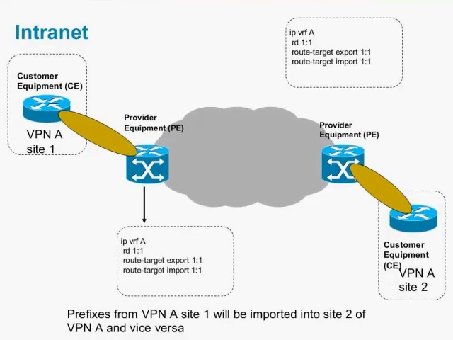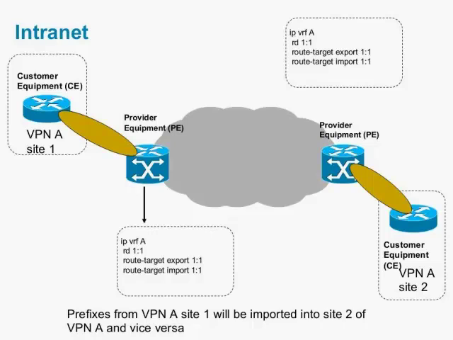This is an example of intranet VPN service with VRF, RD and RT configuration. As you can see here, Site 1 and Site 2 of VPN A customer are connected to different PE devices, and the PE devices are configured with VRF A with RD value, route distinguisher value, as 1:1 and route target both import and export as 1:1. Now, when any VPN prefix is learned from Site 1, the PE device will generate a BGP update and attach a route target of value 1:1 based on the configuration route-target export 1:1.